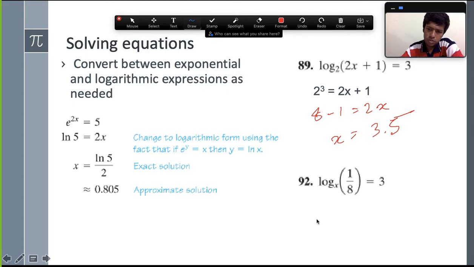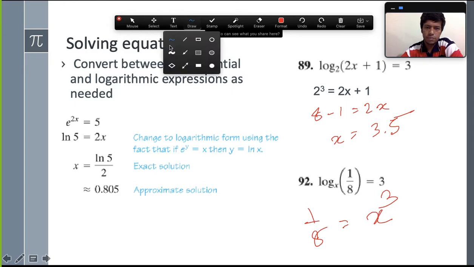This is what? So it will be 1 by 8 equals, base will remain the same. This is the base, power is 3. What can we do here?